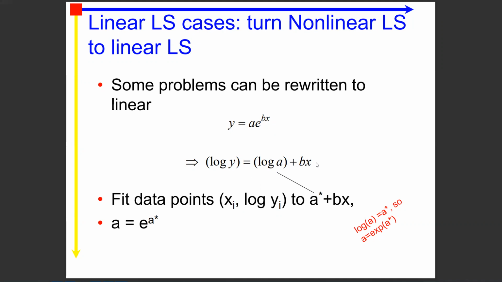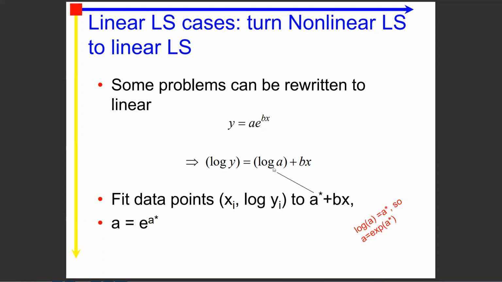If you remember how to do these logarithms, the left side is log y, but the right side has the form of a linear equation now.